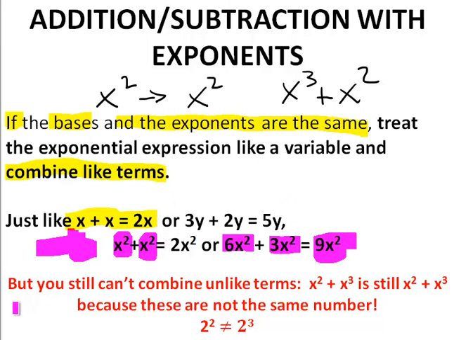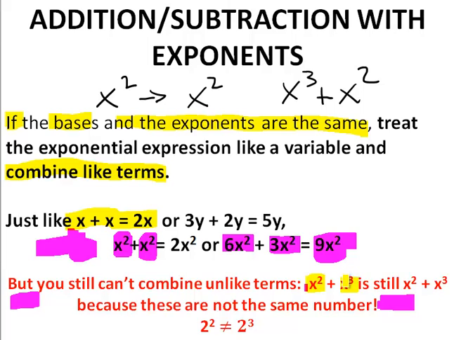Just remember, this is important, that's why it's in red. You can't combine unlike terms. X squared and x to the third stay the same because they are not like terms. They're not the same number.